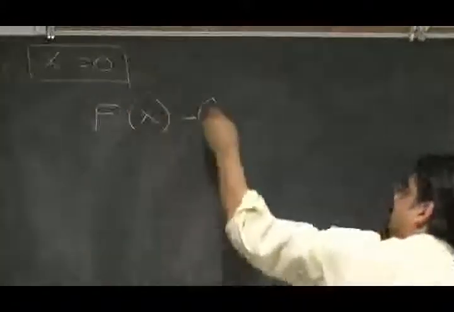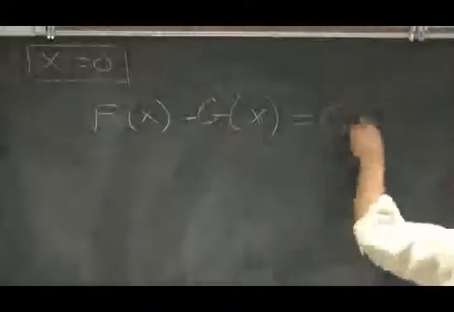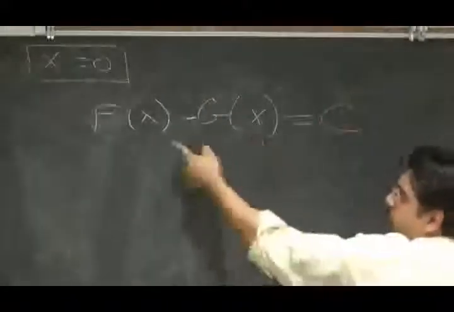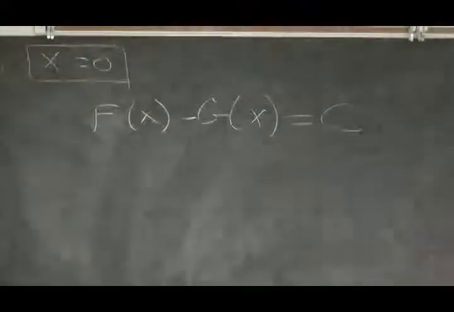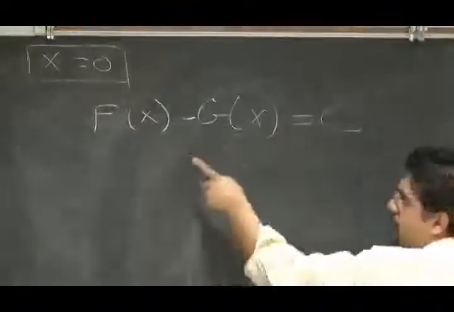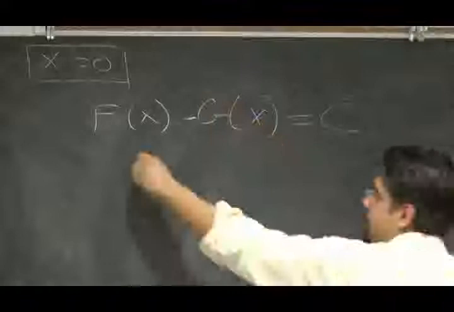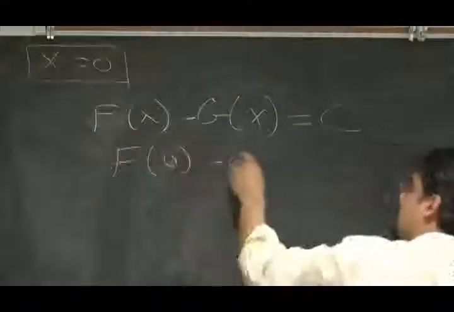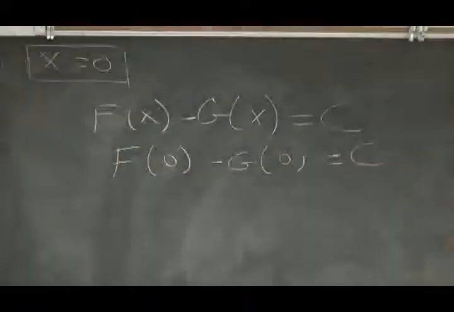The argument is, if they differ by a constant for every x, then they differ by a constant when x is 0. The same constant, because this is the same constant for every x we have. So specifically, when x is 0, they differ by the same constant.